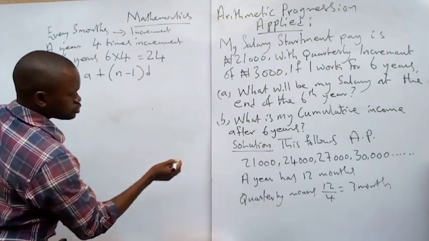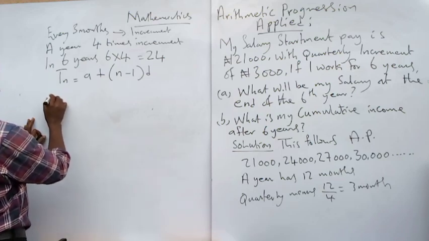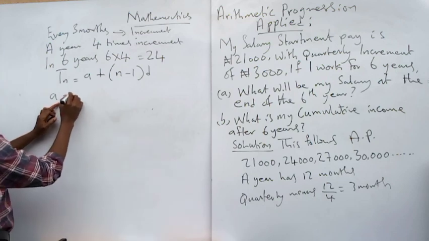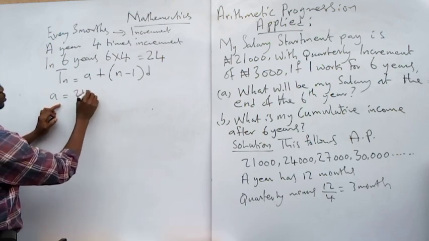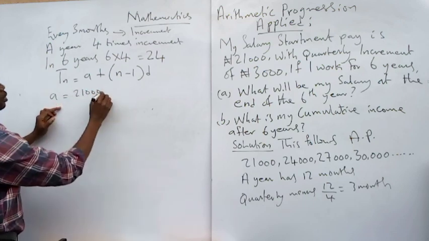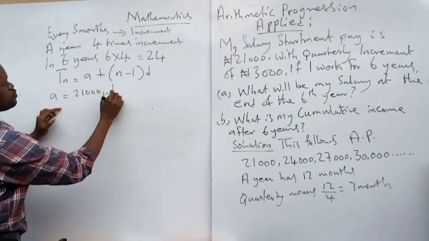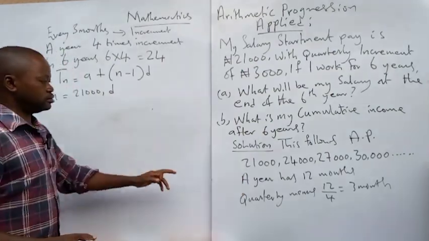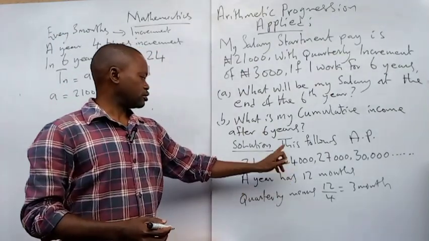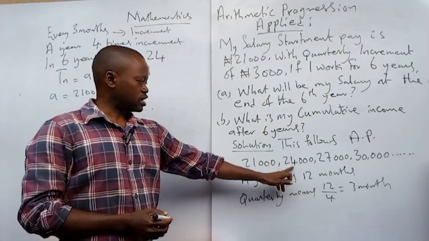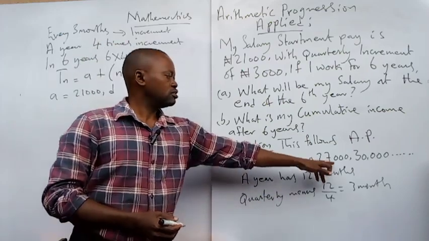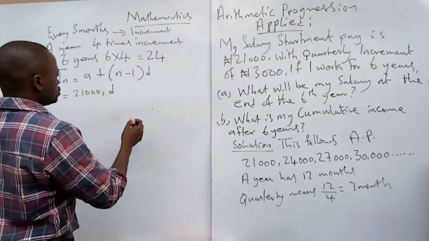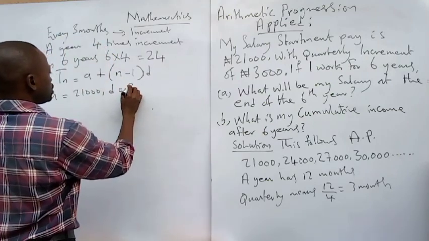All that information is there. A, the first term, is 21,000. The common difference is the later term minus the previous term: 24,000 minus 21,000. If you check it across here, it will still give you the same value. So the difference is 3,000.